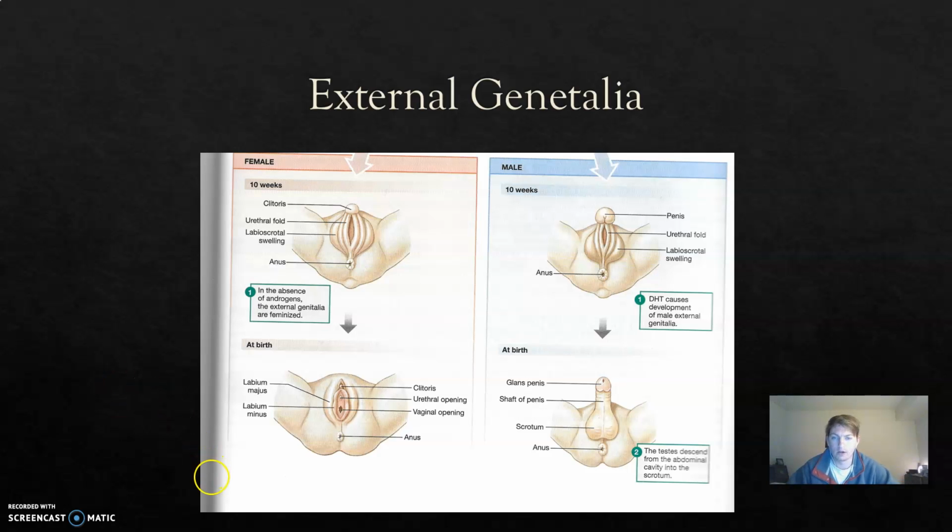So here's your external genitalia of males and females. Let's start with the males. Over here you have the scrotum. Right here you have the shaft of the penis and the glans penis. And so the glans penis and the clitoris from the vagina actually develop from the same structure here in the fetus.